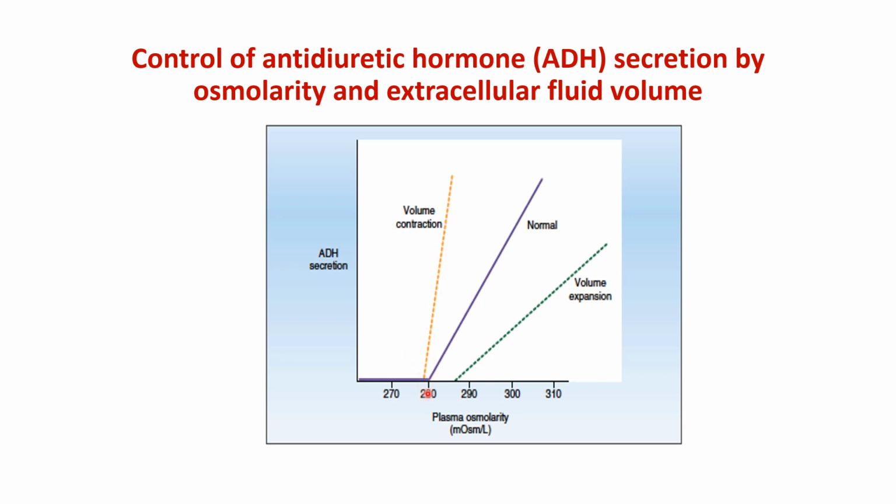The osmolarity is not going to change because during bleeding we lose salt and water, but the blood volume is going to decline. To maintain the blood volume, we have to reabsorb more and more water until we manage the patient. So ADH release will be evoked in an effort to retain as much water as possible by the kidney.